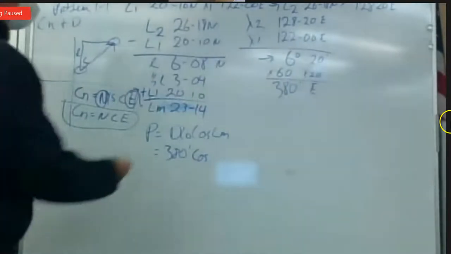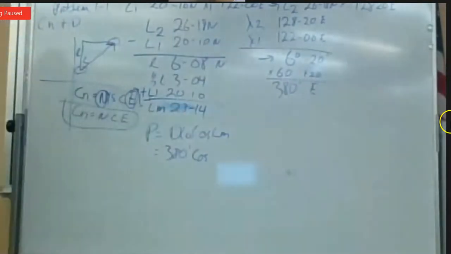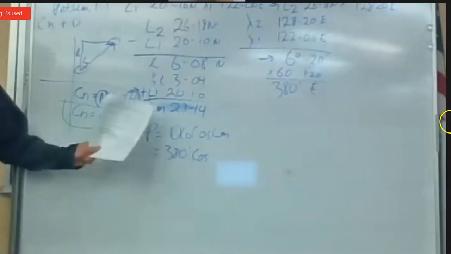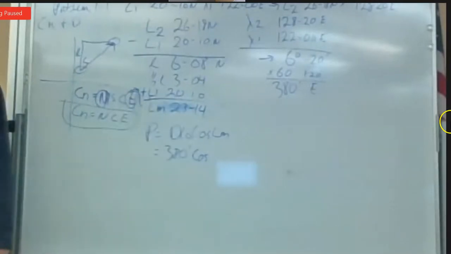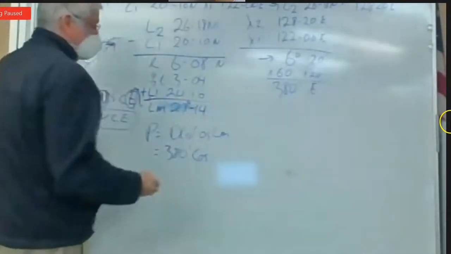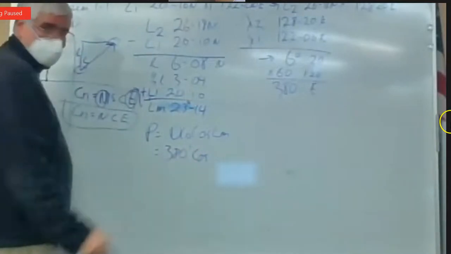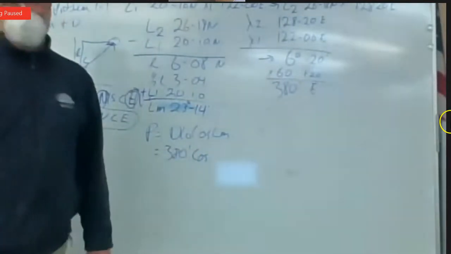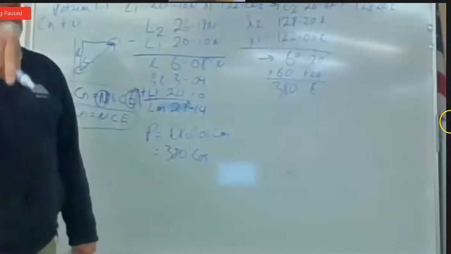So how am I going to convert 23 14, degrees minutes, to decimal degrees? I'm going to put it into a trig function. So am I going to convert it to minutes or degrees? Degrees.